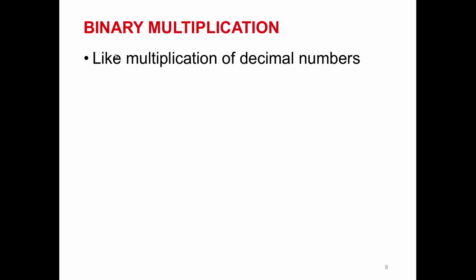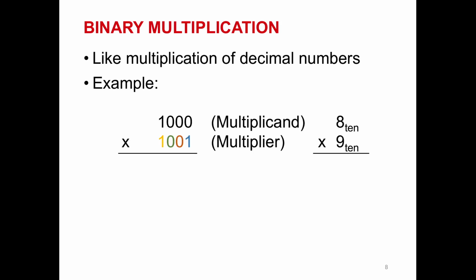Next, we will go to binary multiplication. The manner in which we do binary multiplication is completely the same as what you do with decimal numbers. Here is an example.